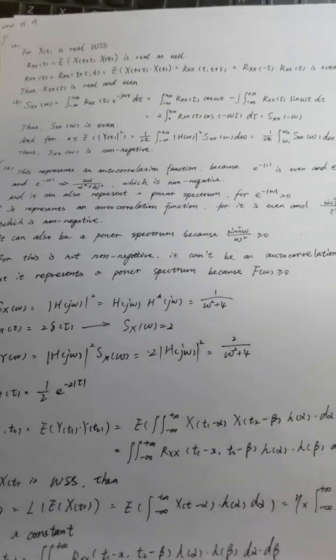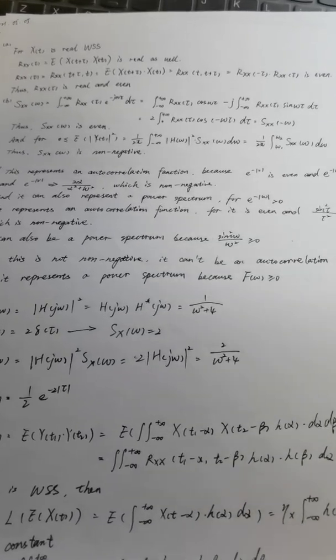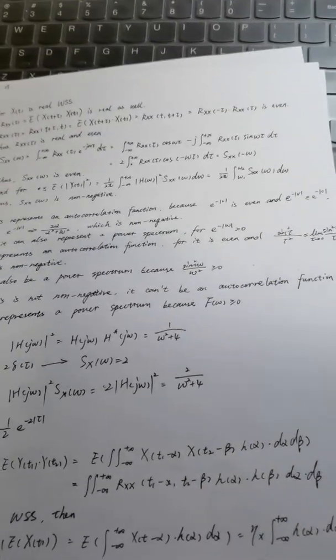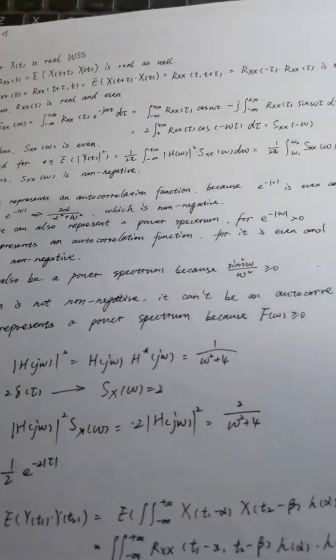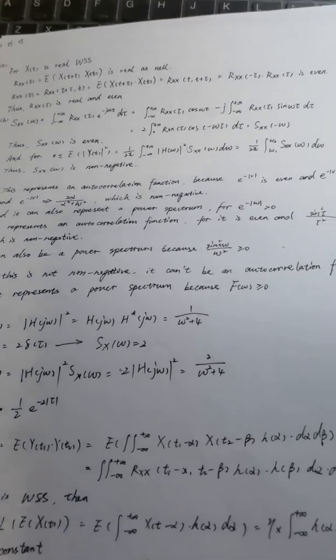So we can see it can't be an autocorrelation function. And for the next part, it can represent a power spectrum because f(omega) is larger or equal to 0.